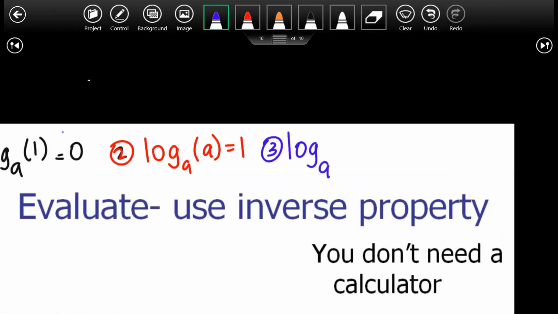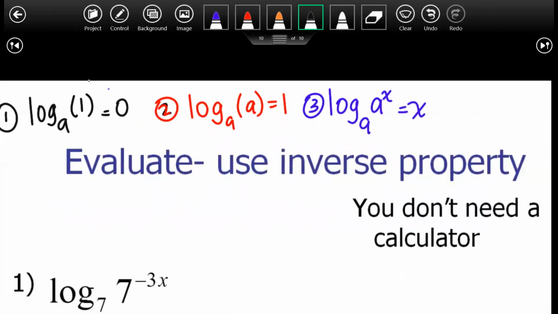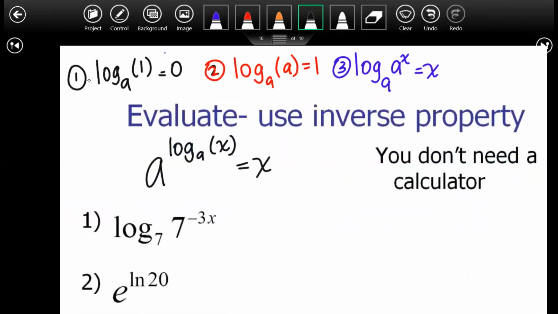Log a of a to the x is just equal to x. And the last property, which we don't really use that often, but we're going to use anyways, is a to the log a of x is equal to x. So these are the properties going to hold up to.